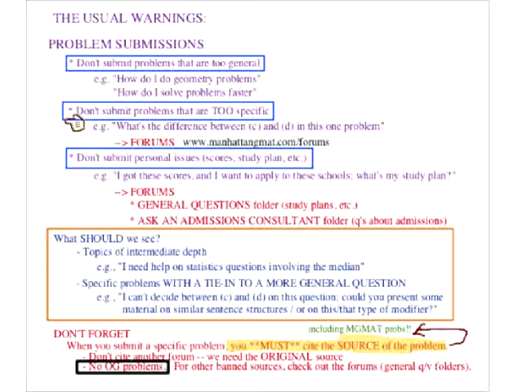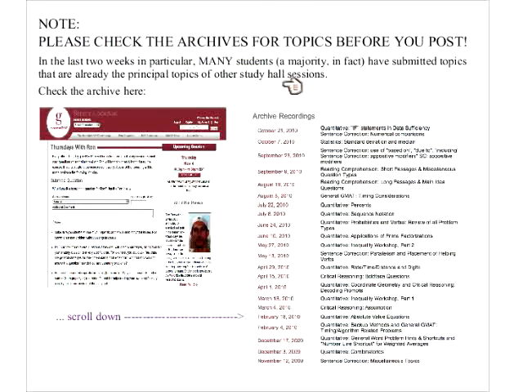Okay, good. Now let's look at the next usual warning page. Again, please check the archives. Probably 20 or 30% of our submissions from the last couple of weeks is stuff that we have already covered. We had one person ask about the least extreme negation, aka reversal method.